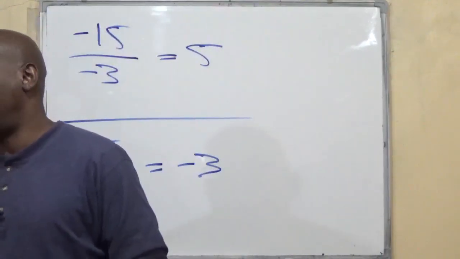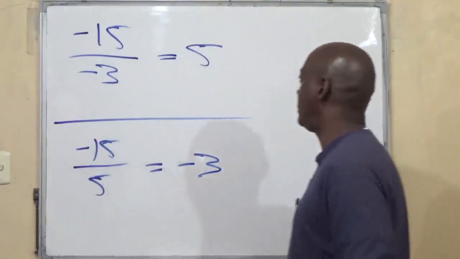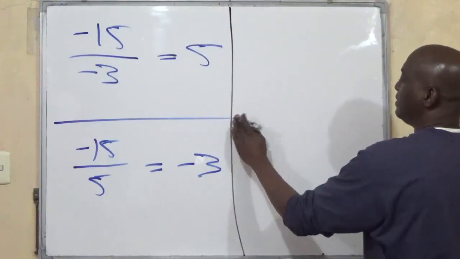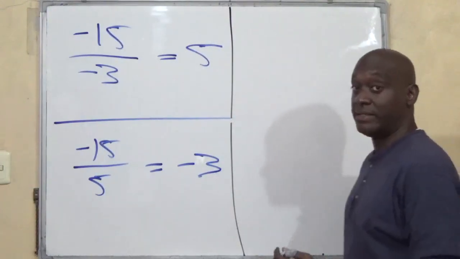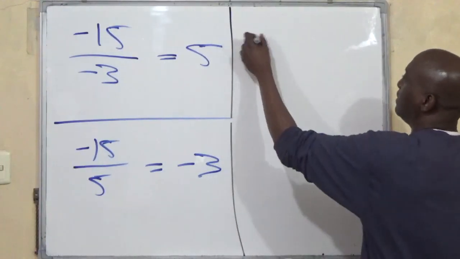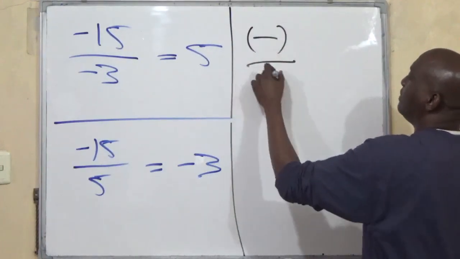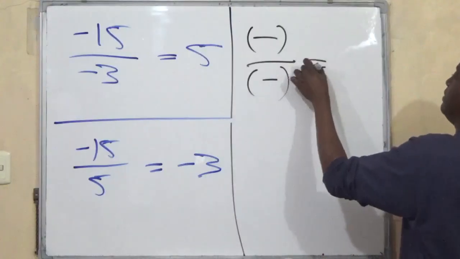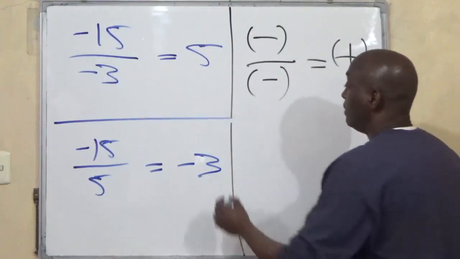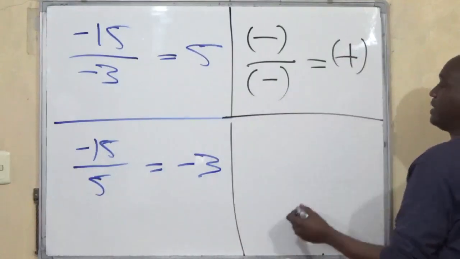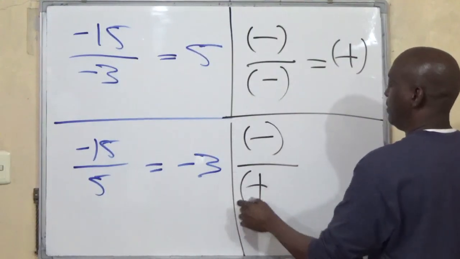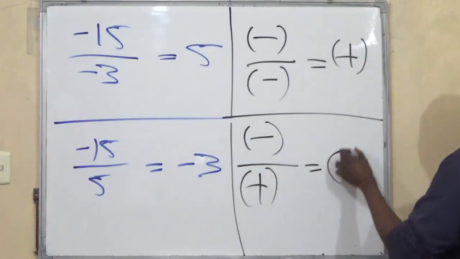So these two scenarios can be used to illustrate a couple more laws where the arithmetic of the negative sign is concerned. In this case, we can say that a negative number divided by a negative number will give you a positive number. That is a law. And then in this case, we can say that a negative number divided by a positive number will give you a negative number.